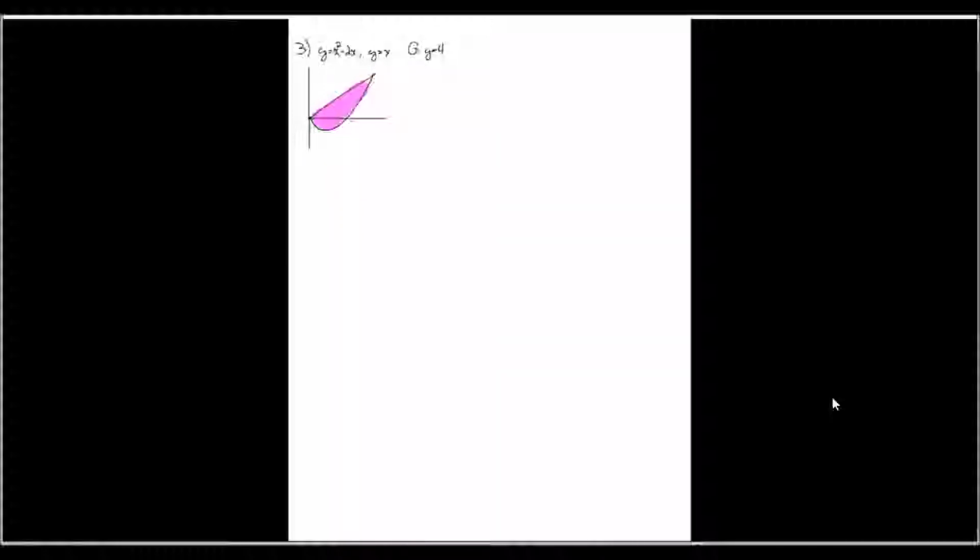Now we've got this y equals 4, so it's this line up here, and we're going to be rotating around that. Okay? So in fact, this region here, this pink region, doesn't even touch the line that we're rotating around. So it's a little bit harder to think about.